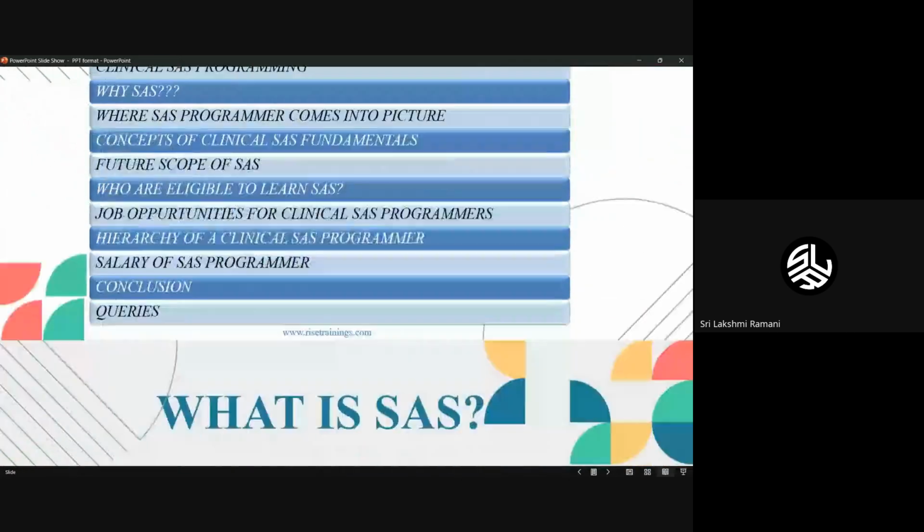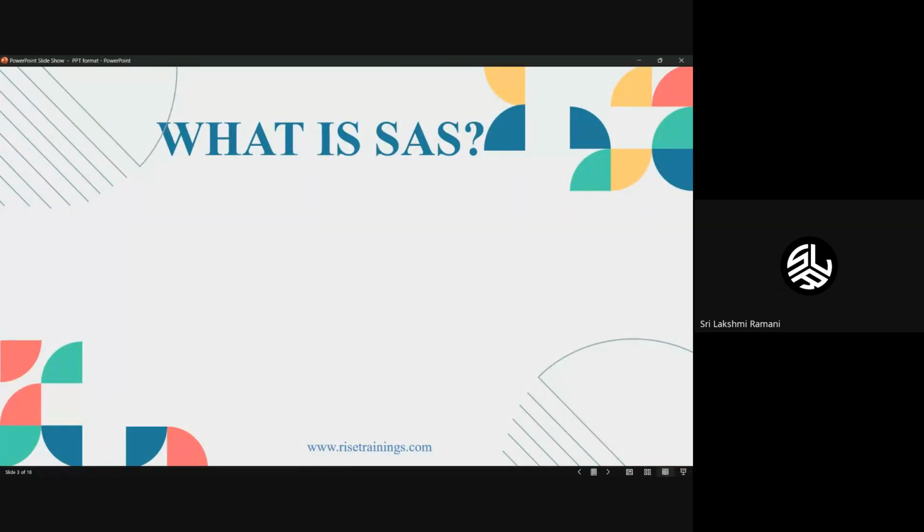Okay, coming to the main topic, what is SAS? SAS is an acronym for Statistical Analysis System. In earlier stages, we used to call it SAAS, but meanwhile it shrank to SAS, which is Statistical Analysis System or Statistical Analysis Software.